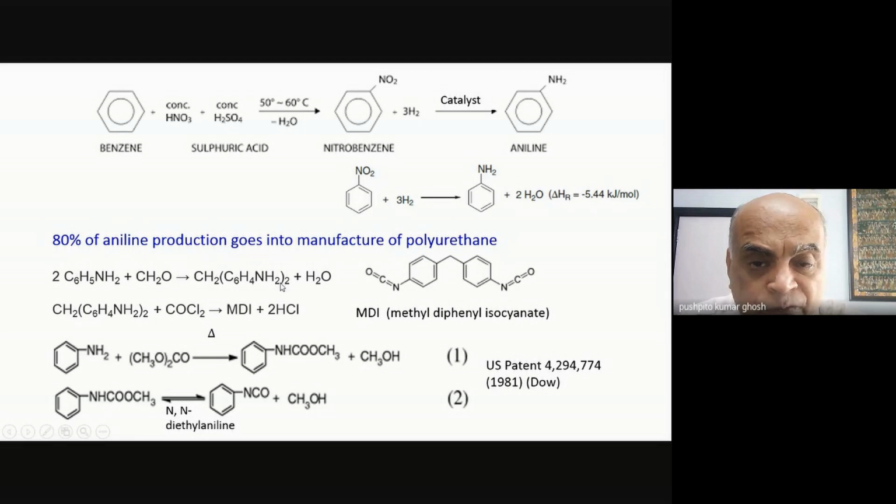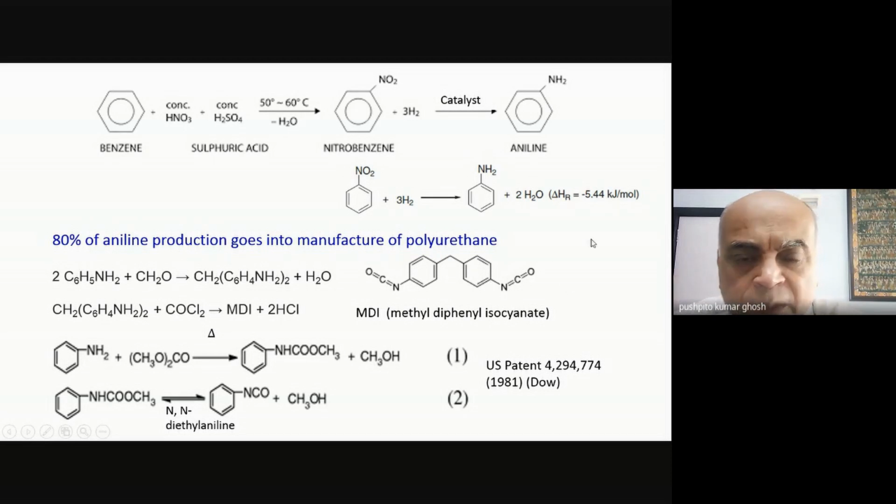You'll get the amino form of this product, and then that has to be reacted with phosgene, to make the isocyanate. Now, I must also tell you that there's a huge amount of work going on in the world on trying to find non-phosgene routes for introducing isocyanate groups.